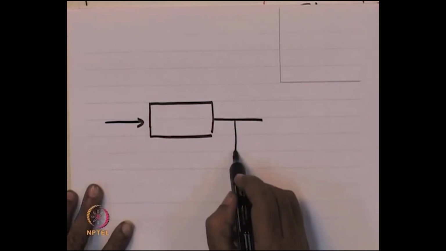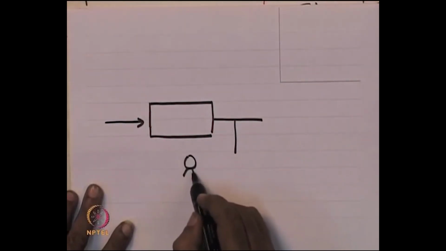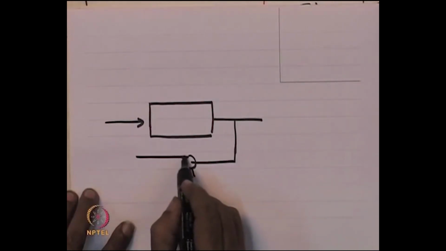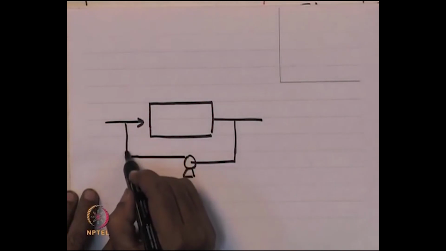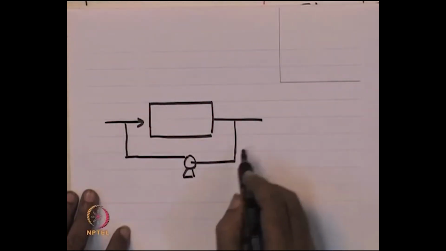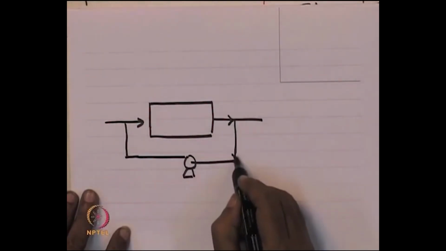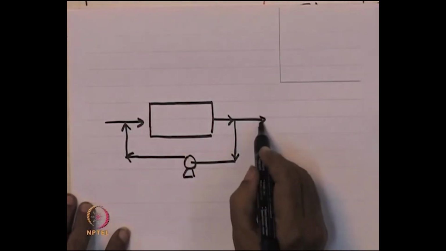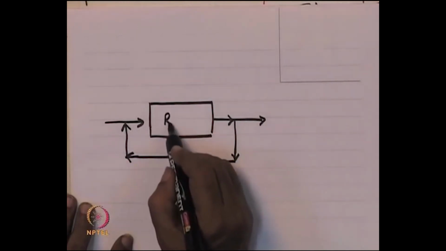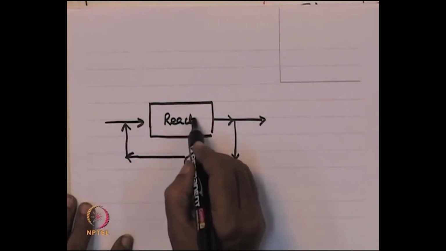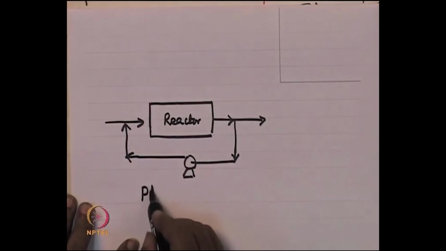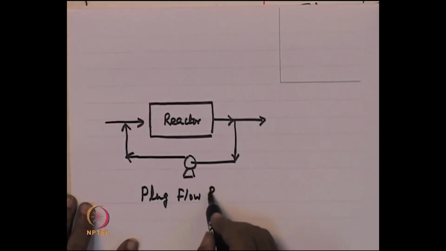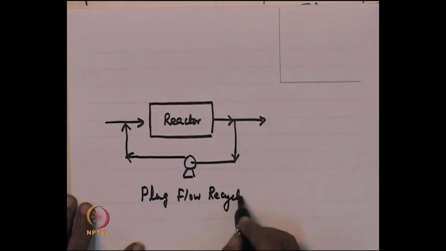Now, we find that this is the reactor. So, this is what is called the plug flow recycle reactor.